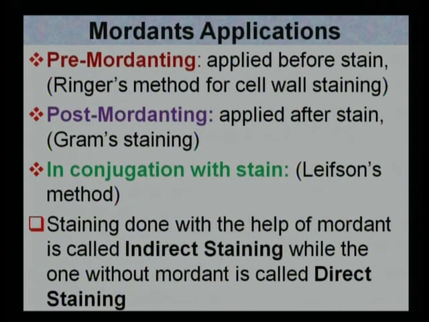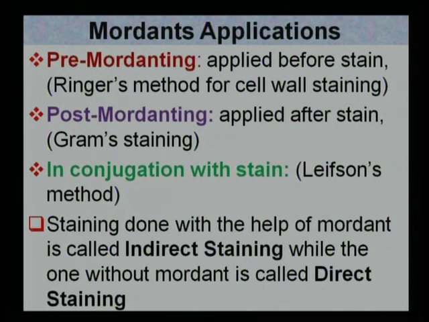Post-mordanting means it is applied after the stain. A very commonly used procedure is gram staining. And the third kind of application is in conjugation with the stains. For example, Lifson's method. The staining solution itself is prepared along with the use of mordants.